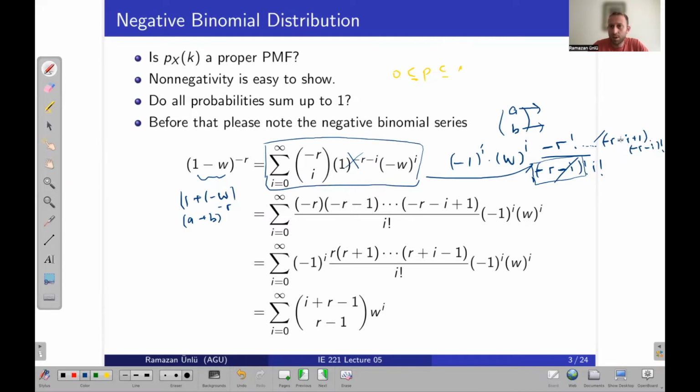Because I reduce it by 1, and these will cancel each other. So these two will cancel each other, and I will end up with i factorial. So that's why this is the i factorial.